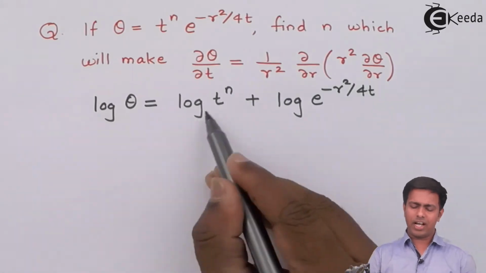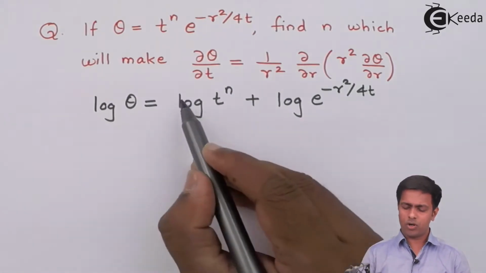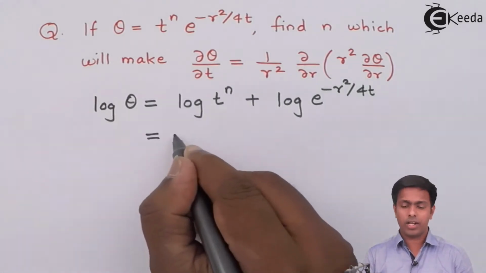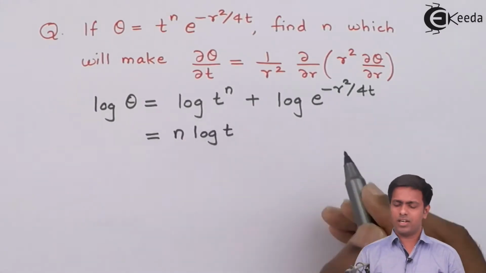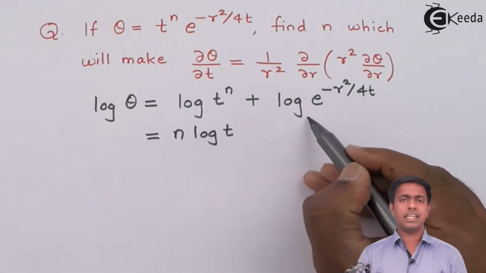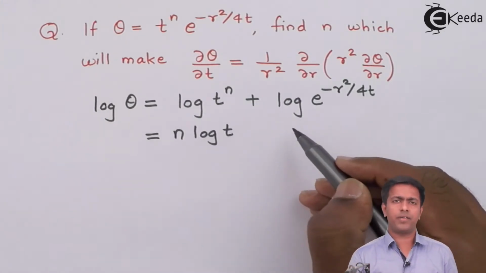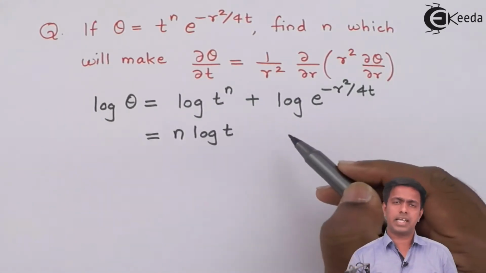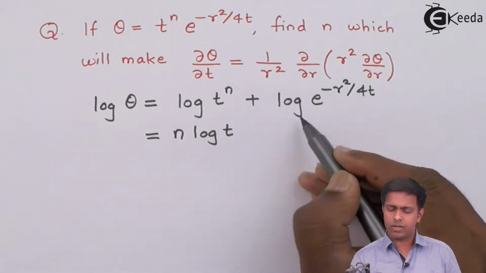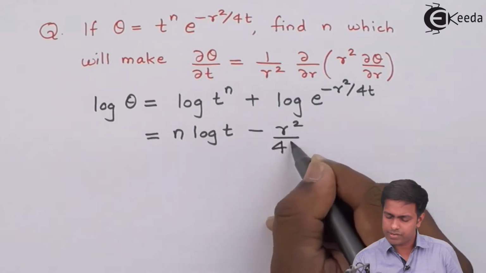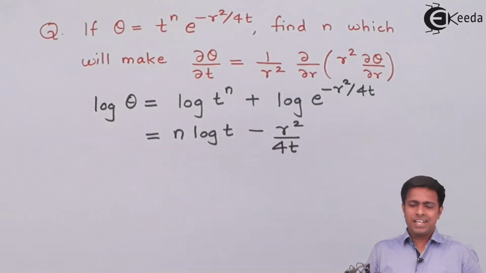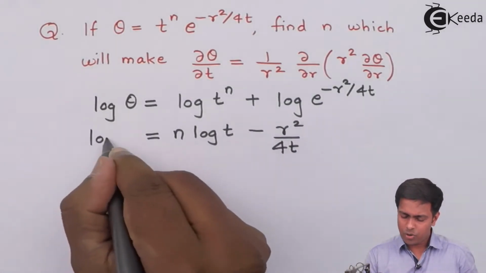Now again I'll apply the property of logarithm, that log of a to the power b is b log a, that is n into log of t. Similarly here log is having base e, so we have a property which says log a to the base a is 1. So here we'll get 1 and here we'll get negative r square by 4t. So this is the value of log of theta.